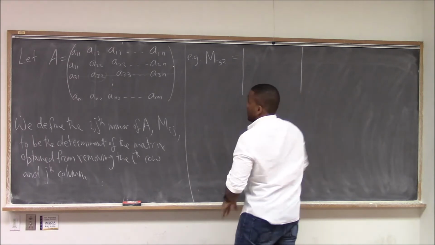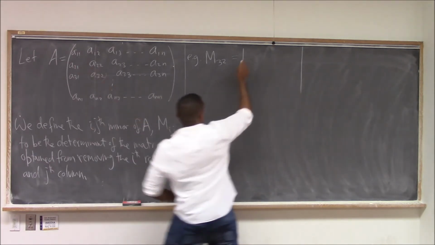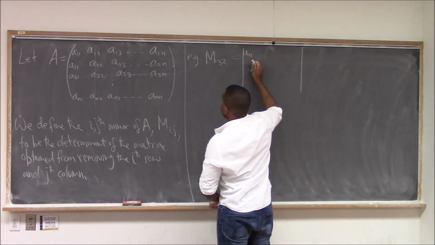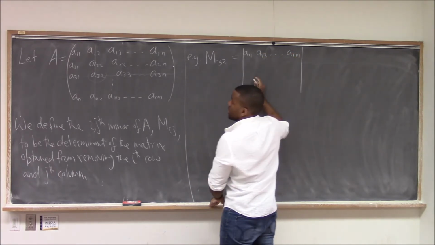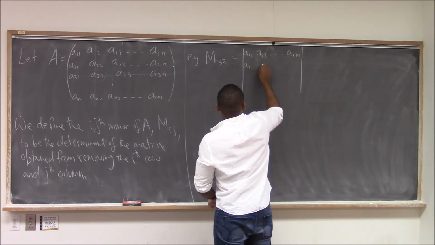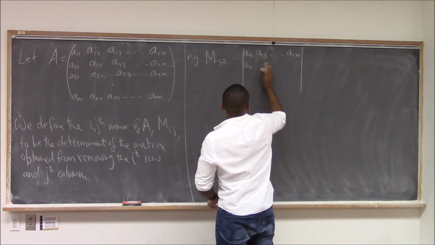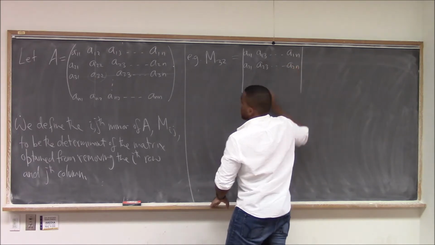So I'm going to use the straight line bars. And basically here I would have A1,1, but the next guy would be A1,3, and that goes down to A1,N. Then A2,1, A2,3, and that goes down to A2,N.